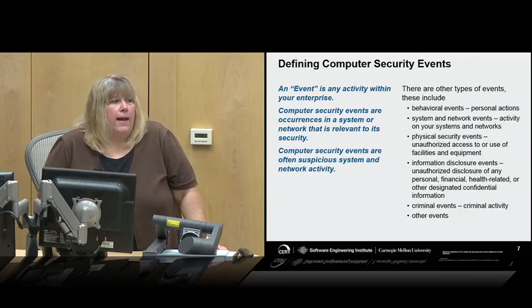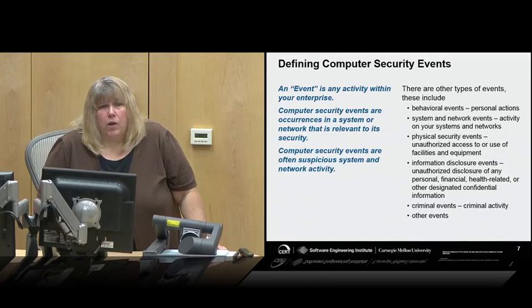And when we look at events, that can be things that are happening on those systems and network, but we don't know if they're malicious or not. They could be very suspicious, and we have to investigate them to try to determine, is something going on that could damage our infrastructure? Is this something that we have to respond to?